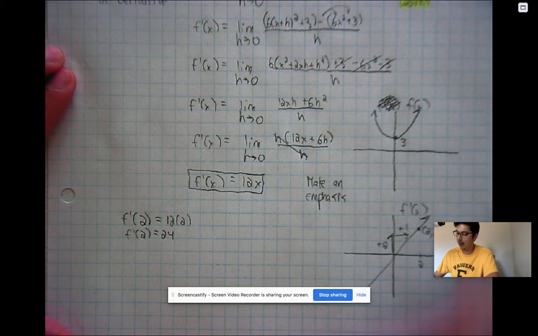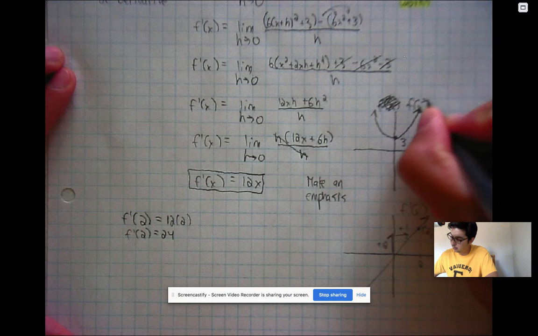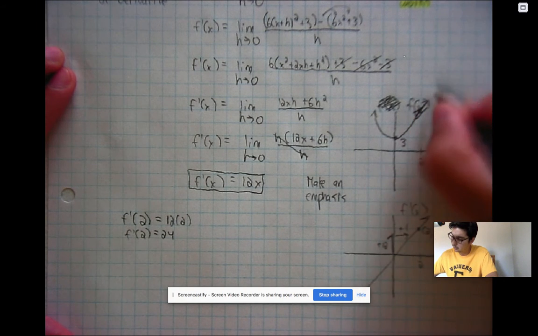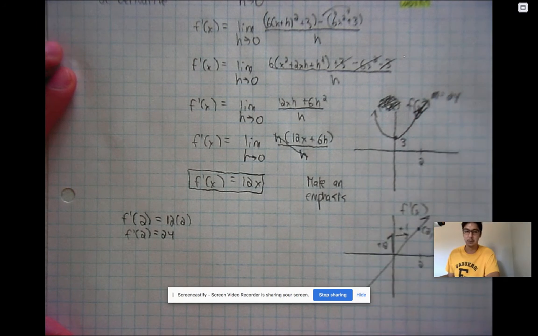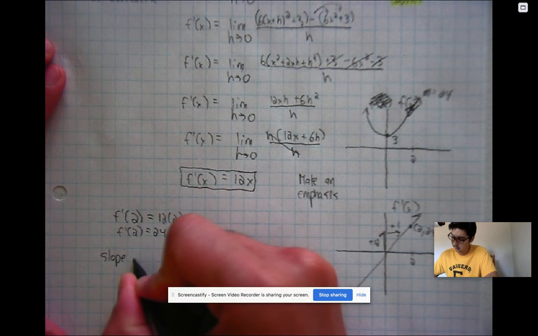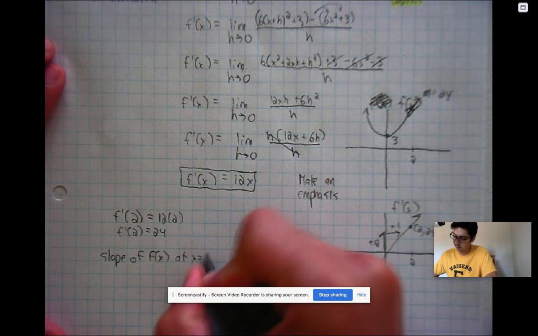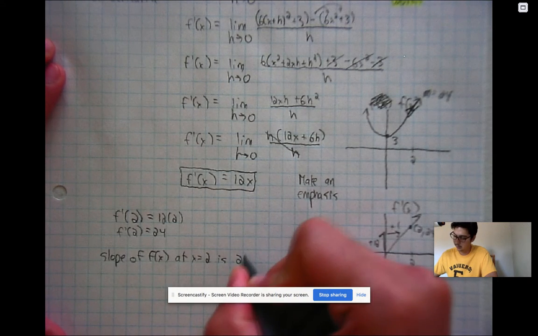Now, what's that mean on f of x? That means that at 2, the slope, the rate of change at 2 is 24. So that means that the slope of f of x at x equals 2 is 24.